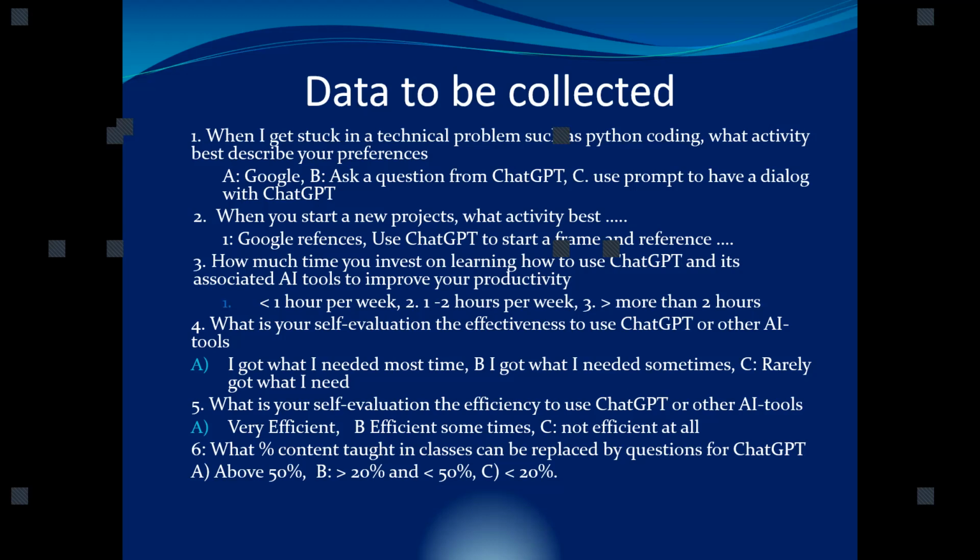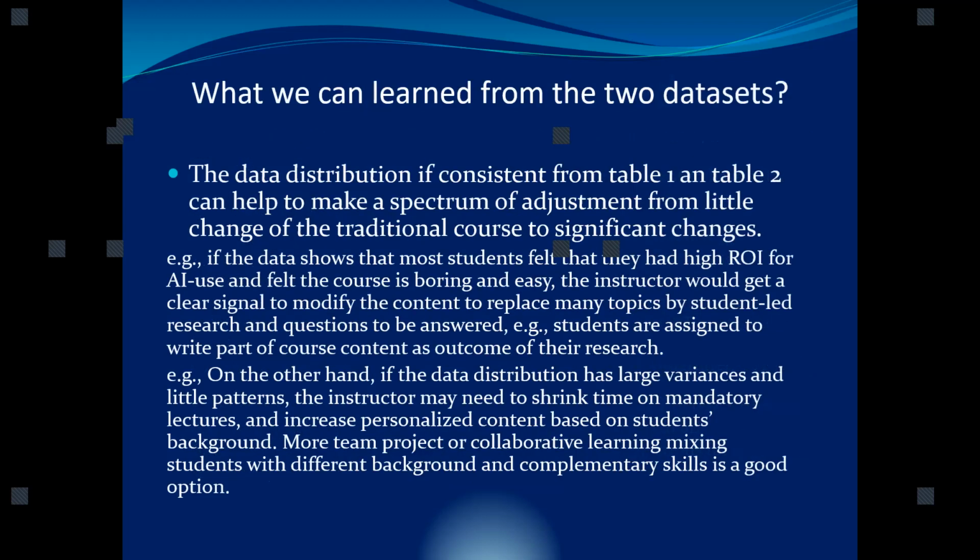I'm not going to read this. So from those 2 data sets, we're going to know what we do not need to invest time in, because the students can get it by themselves. And in the new part, we're going to spend more time focusing on deep learning.